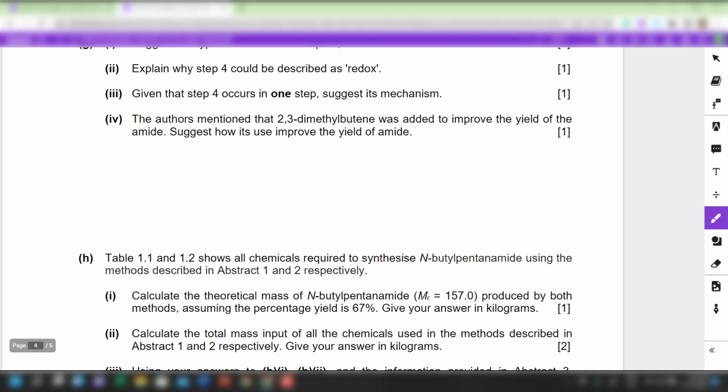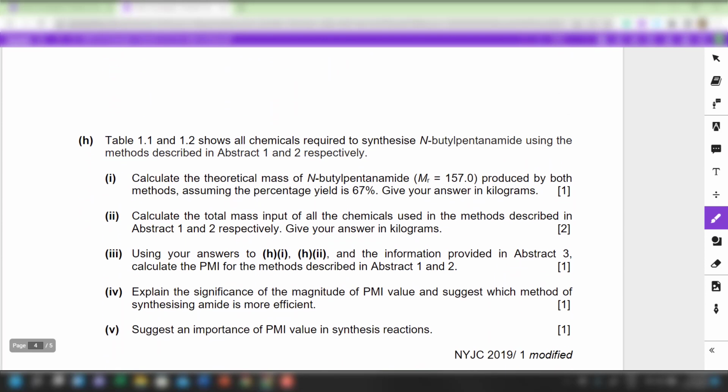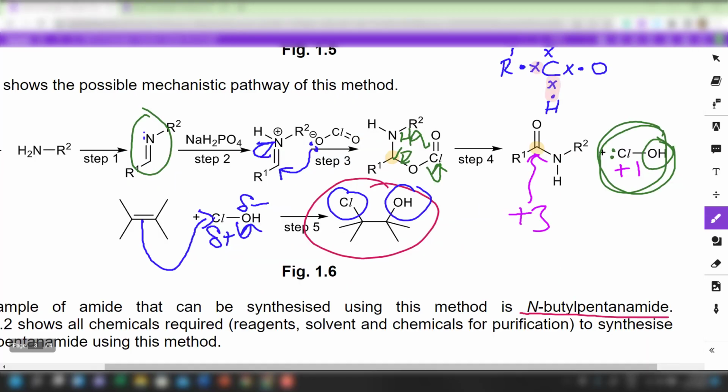I hope you are able to follow the train of thought which I was sharing with you, and how to go about getting the answer to the question. Finally we have part H. For part H, we are looking at tables 1.1 and 1.2. They show all the chemicals required to synthesize N-butyl pentanamide using the methods described in abstracts 1 and 2.